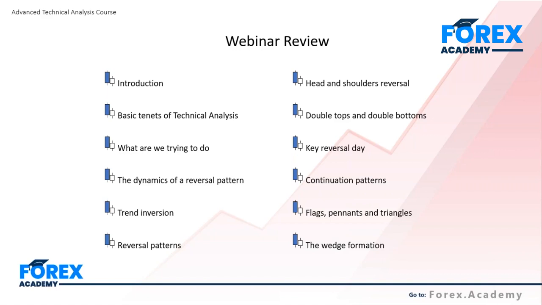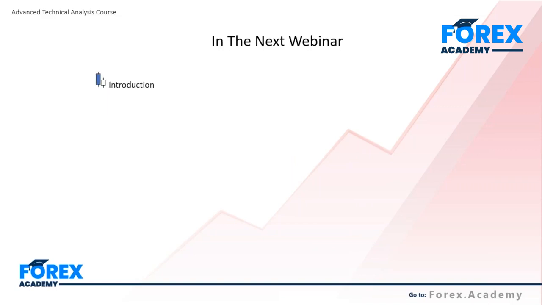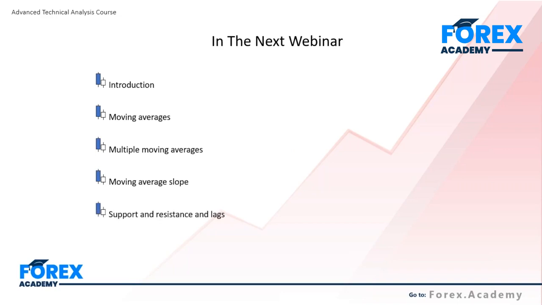In the next webinar, we will be looking at moving averages, introducing you to this concept. We'll be looking initially at multiple moving averages, the slope of a moving average, and discuss the elements of support, resistance, and lags that relate to moving averages.